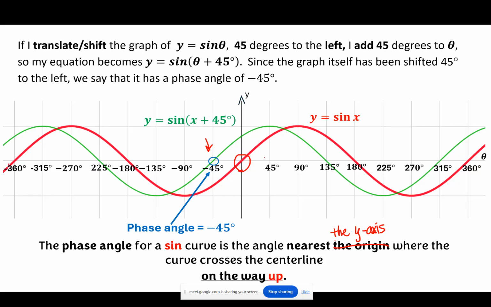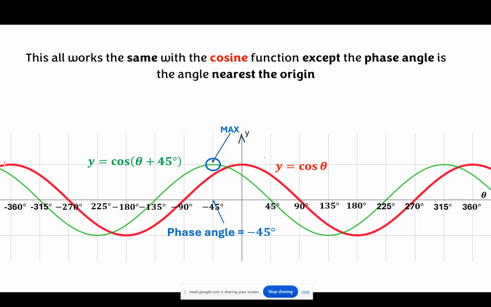So for a positive sine function, you're going to be looking for where that happens when the graph is going on its way up. Okay, this all works the same with the cosine function, except now the phase angle is the angle nearest the y-axis where the graph has its maximum. So normally when we are writing the equation of a cosine function, that maximum happens right when it crosses the y-axis, in the middle of that mountain, that top, that hill.